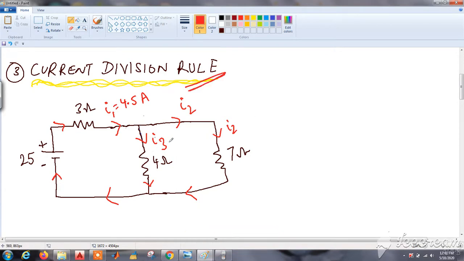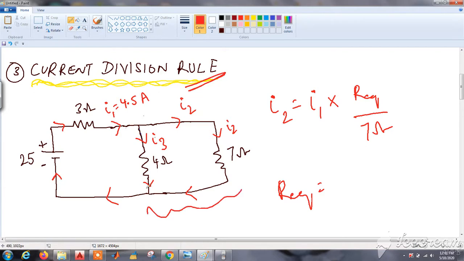So first let us start with the current I2. What will be I2? According to the current division rule, I2 will be the source current, that is I1, multiplied by the R equivalent, divided by the resistance in which I2 is flowing. I2 is flowing in 7 ohms. And R equivalent is what? It is 4 ohms and 7 ohms, connected in parallel. So R equivalent will be 4 ohms parallel 7 ohms, that is 4 into 7 divided by 4 plus 7.